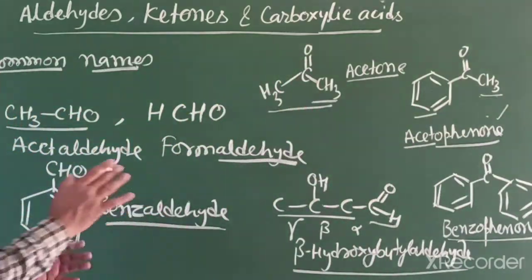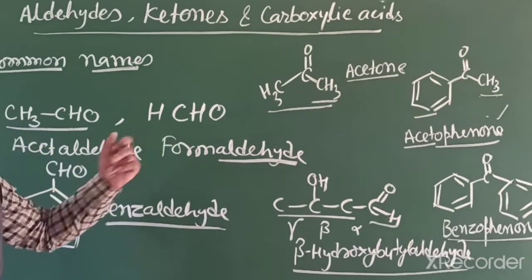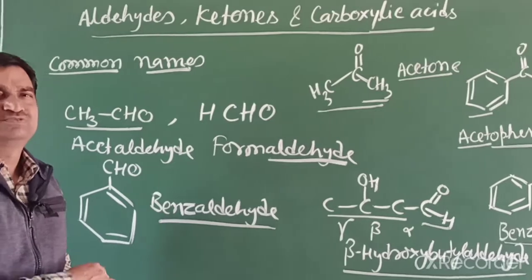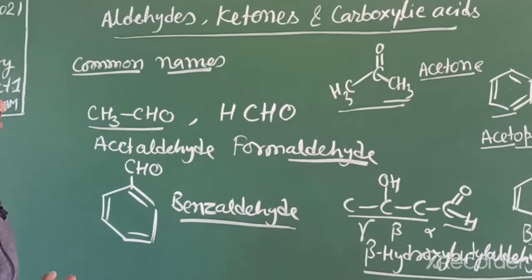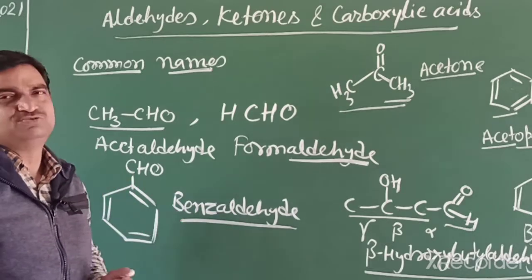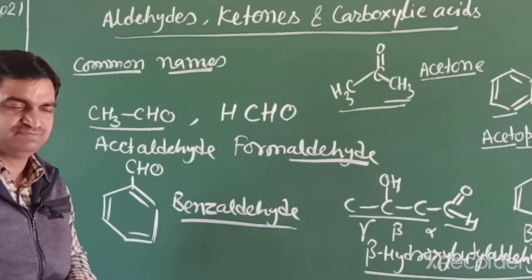Students, in many conversions you will find these names, because generally they are used in common nomenclature, and these names are accepted. Some names are accepted by IUPAC also, like benzaldehyde.